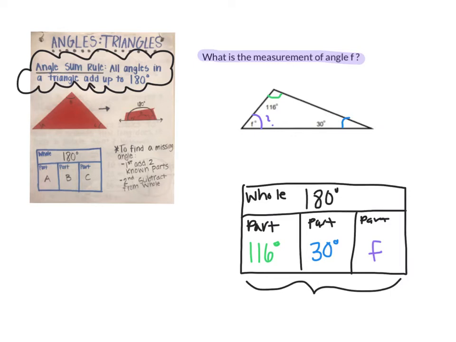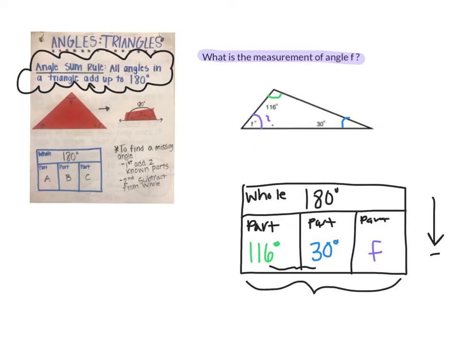So we know that when we're given a whole, given a part, and we've got a missing part, we can subtract our parts from our whole to find the missing part. There's two ways we could do this. We could first add up these two parts, then subtract them from 180, or we could subtract each one at a time. So let's add these two parts up first.